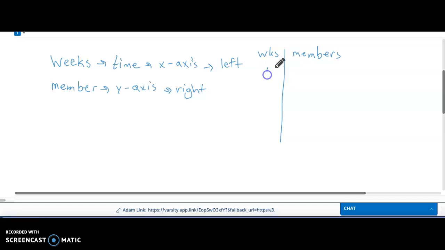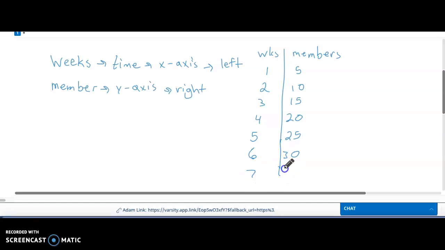So for the first week, we have 5. Second week, we have 10. Third week, we have 15. Fourth week, 20. Fifth week, 25. Sixth week is 30.